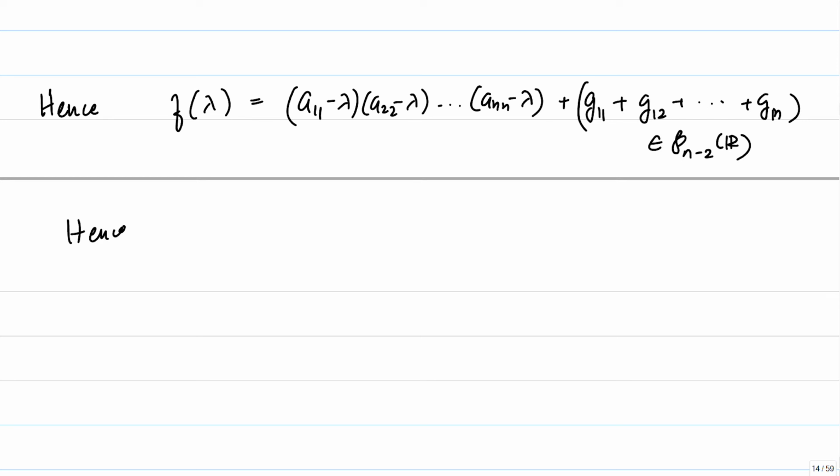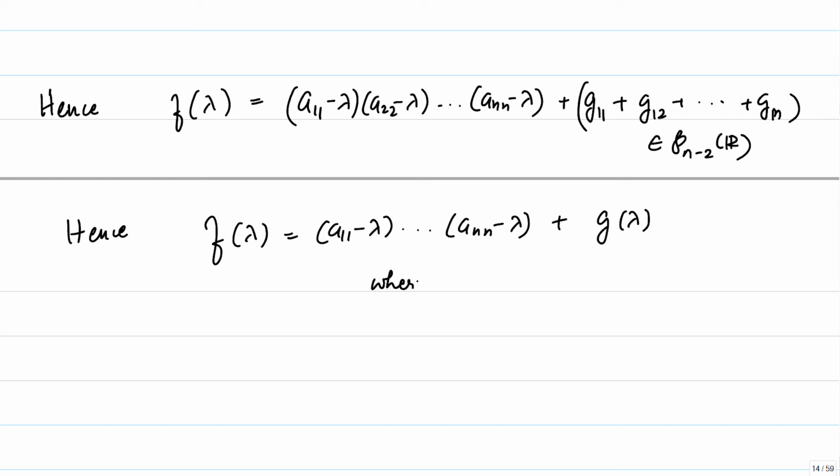Hence, f of lambda is equal to a11 minus lambda, and so on. The sum of such polynomials g11, g12 up to g1n will again turn out to be a polynomial of degree less than n minus 2. So g is a polynomial in P_{n-2} of R.